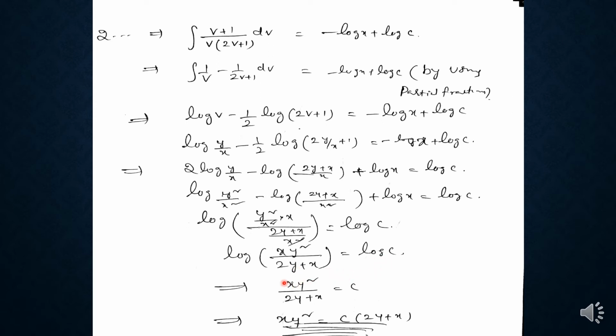By removing log on both sides, we will get x y square by (2y plus x) is equal to c, or this can be written as x y square is equal to c into (2y plus x). Thus, we can find the solution for the given homogeneous differential equation.